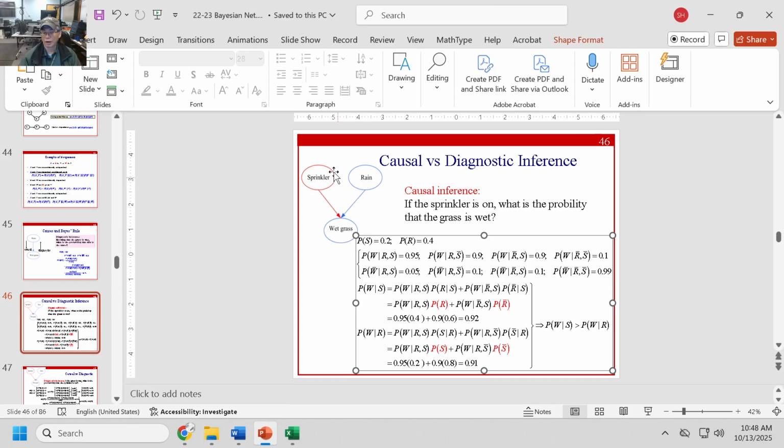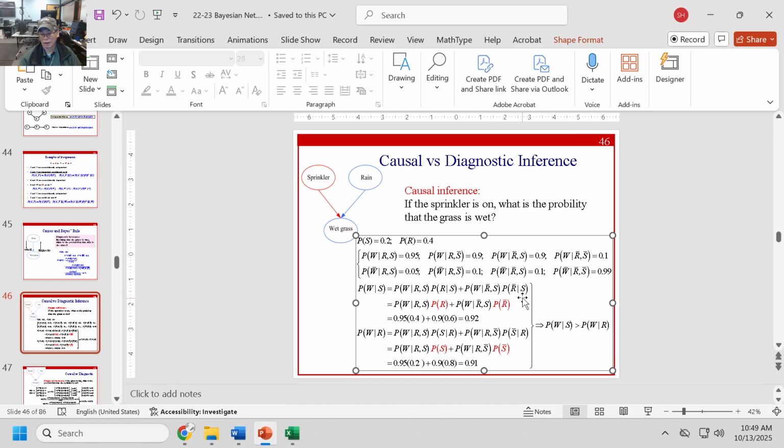So they are unconditionally independent, if I don't know anything about S, anything about wet or not wet. So what I'm asking you is, R given S equals P(R), because rain or no rain, so far we're not related.